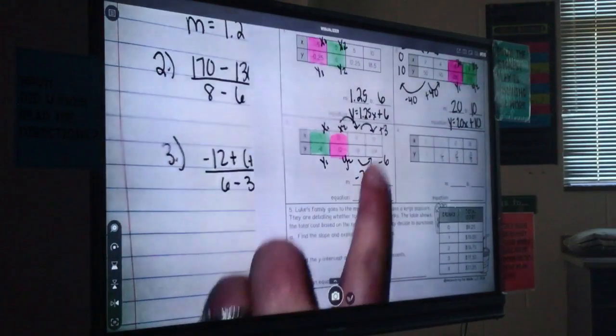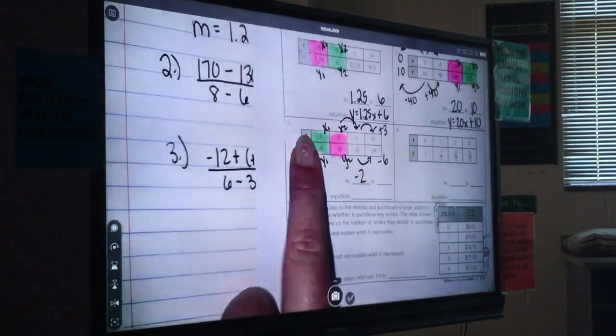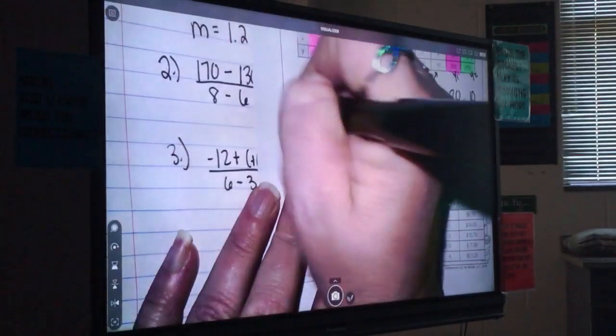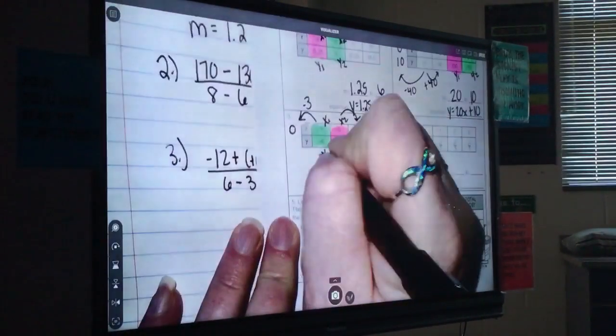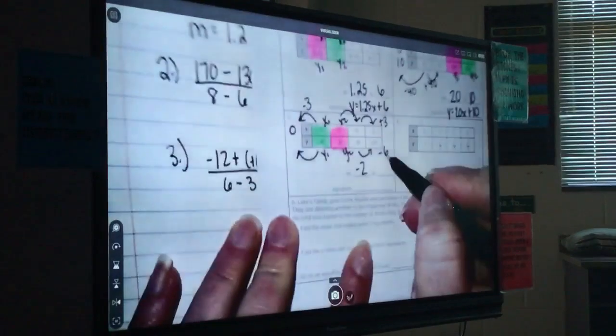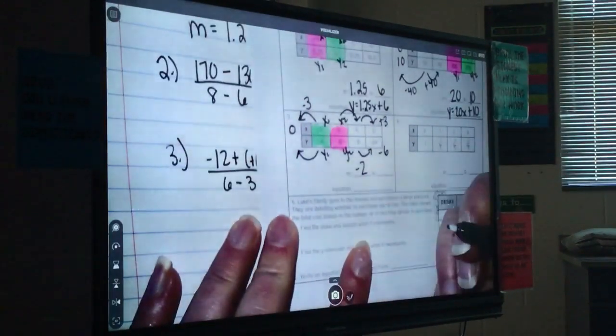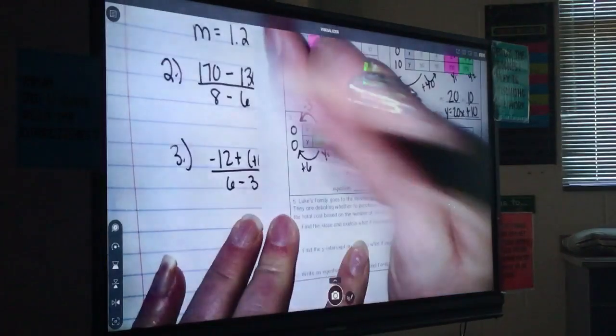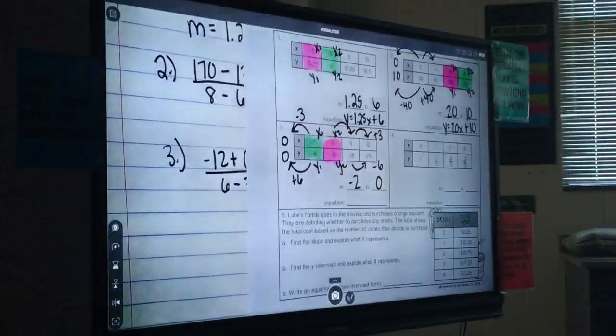If I'm adding 3, what am I doing here to go this way? Subtract 3. Right, so I'm going to subtract 3, that gives me 0. Then down here, if I'm subtracting 6, what am I doing here? Adding 6. So negative 6 plus 6 gives me 0. So therefore my y-intercept is 0.